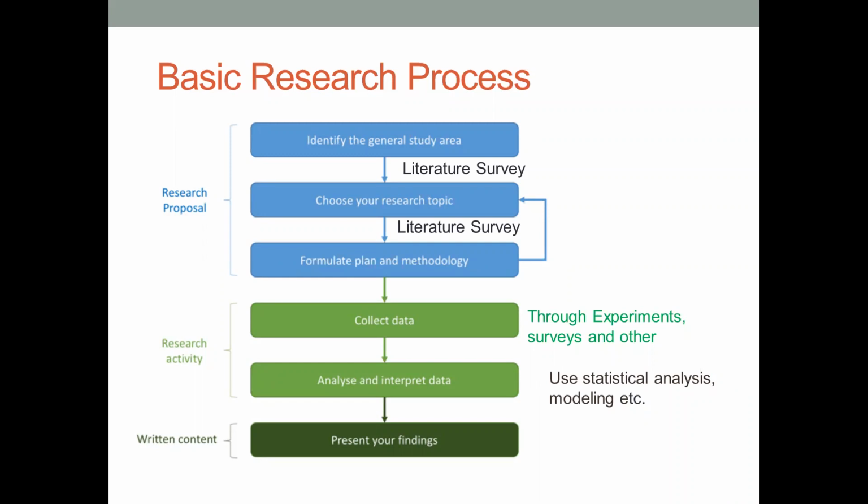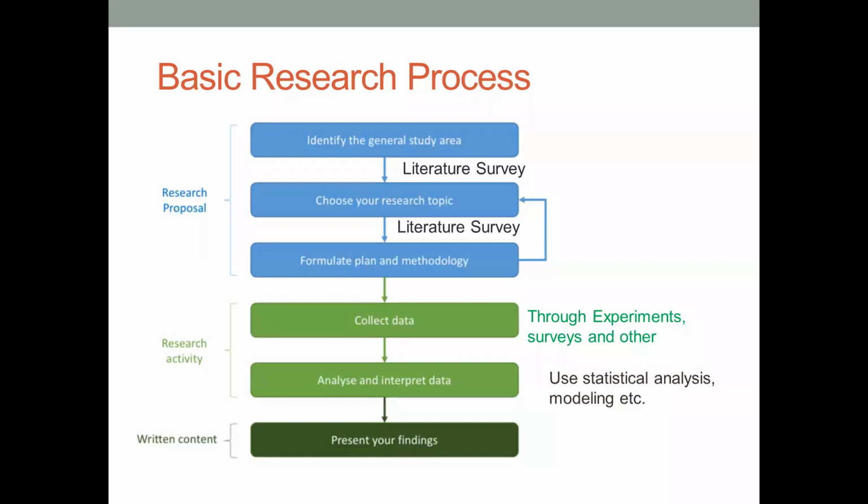Okay, so after you identify a general subject area, what do you do? You read and find, or you think and find, a research topic. This is a simplified version. Now here, this is what we call the identification of a research problem.